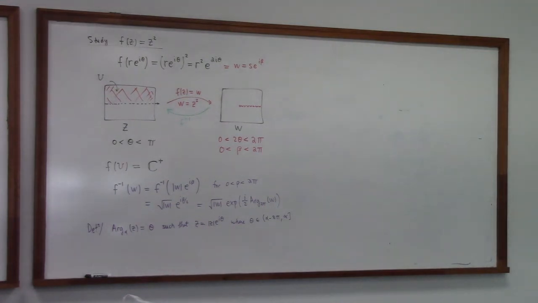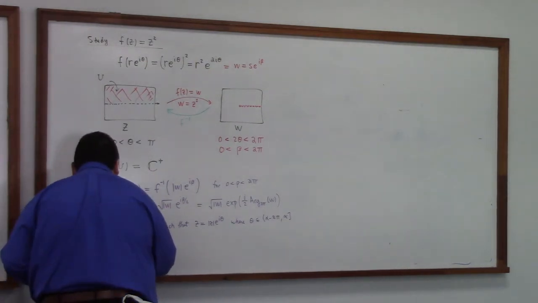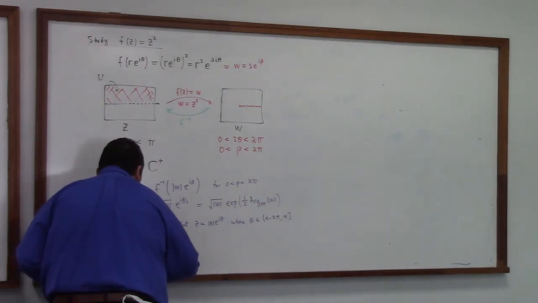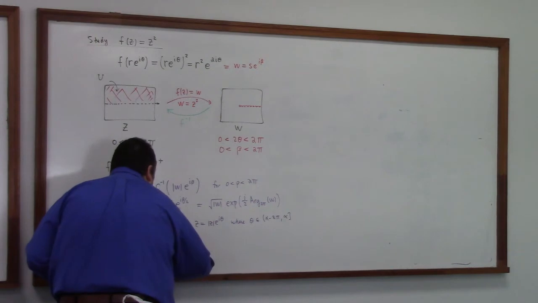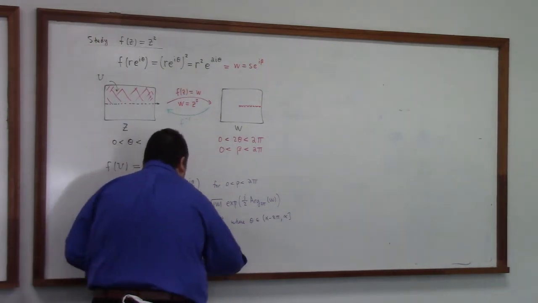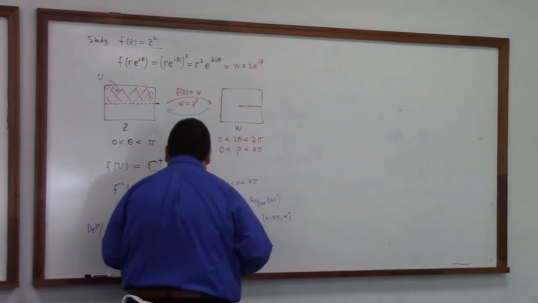Anyway, I was thinking maybe it might even be better to define it this way, like arg sub I of z equals theta, such that z is equal to modulus of z e to the I theta, where theta is an element of I, all right?